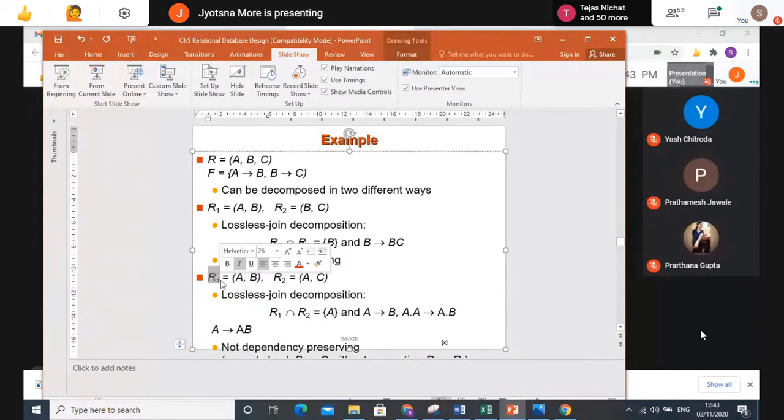So if I'm taking A determine B, I will augment it with A. I'm getting A determine B.